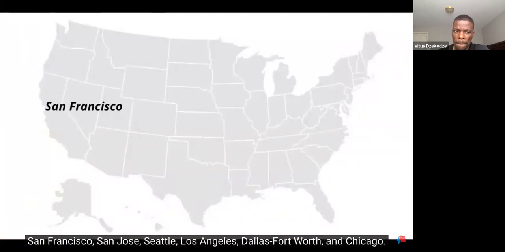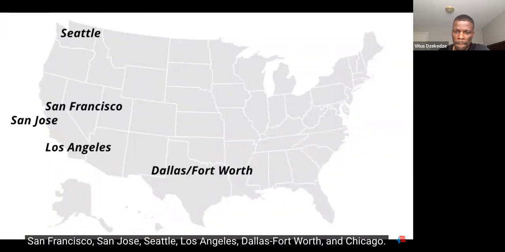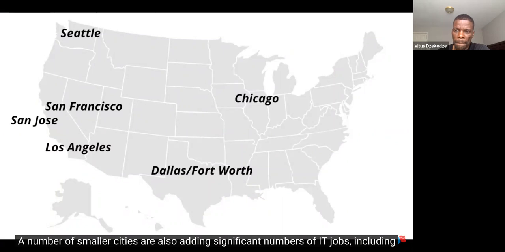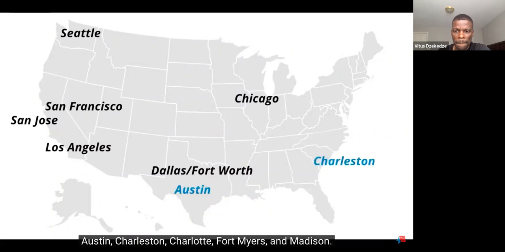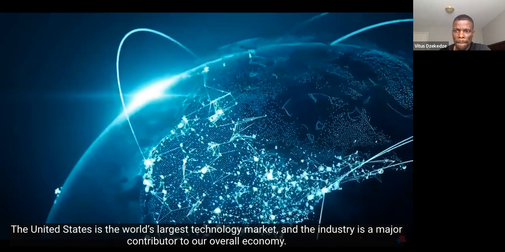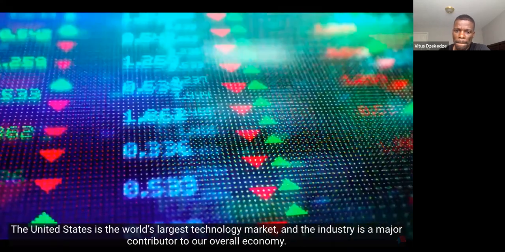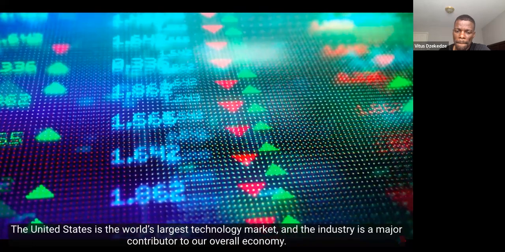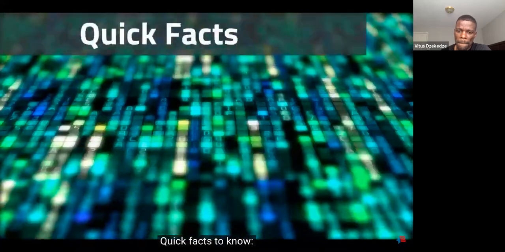San Francisco, San Jose, Seattle, Los Angeles, Dallas-Fort Worth, and Chicago. A number of smaller cities are also adding significant numbers of IT jobs, including Austin, Charleston, Charlotte, Fort Myers, and Madison. The United States is the world's largest technology market, and the industry is a major contributor to our overall economy. Quick facts to know.